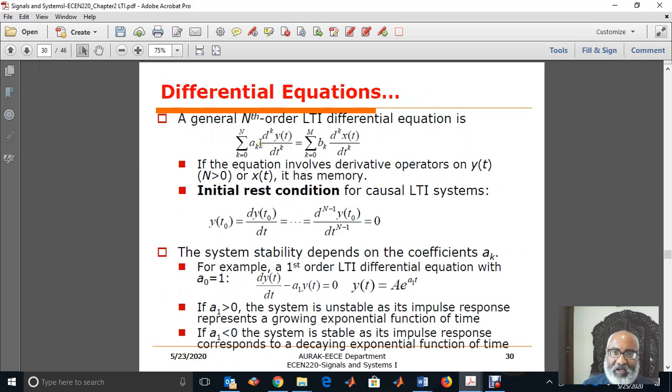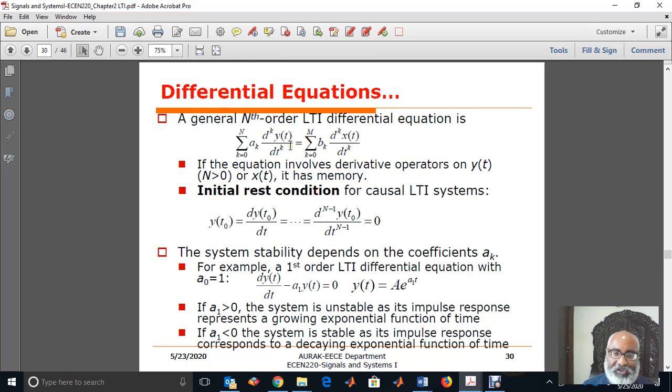Now, in general, any nth order differential equation for a linear time-invariant system can be written like this: the sum from k equals 0 to n of a_k times the kth derivative of y(t), d^k y/dt^k, is equal to the sum from k equals 0 to m of b_k times the kth derivative of x(t), d^k x/dt^k. This is a compact formula.